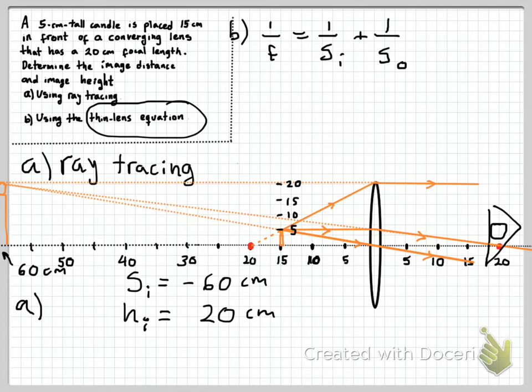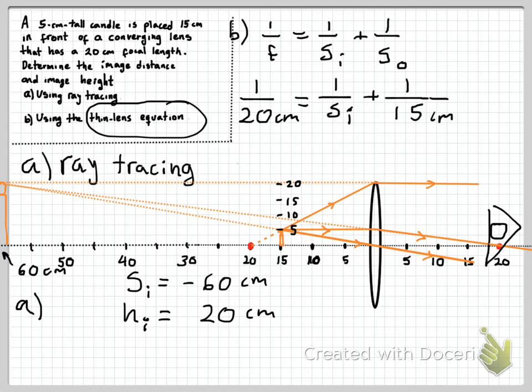So for the focal length of this lens, we replace 20. It's a positive focal length of 20. Then 1 over the distance to the image, and we're adding 1 over the distance to the object. So that's where the candle is located, which is 15 centimeters.